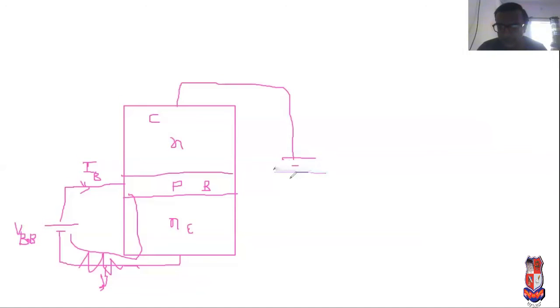But directly connecting the collector to the base is not possible. Why? Because the emitter is common. That's why all the electrons are transferred via the emitter. Please try to concentrate here.